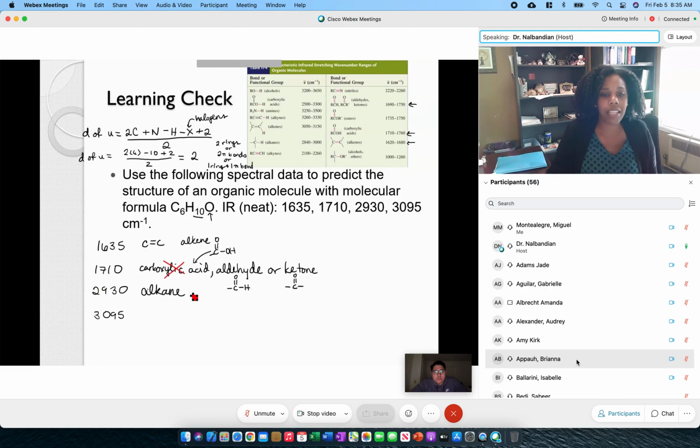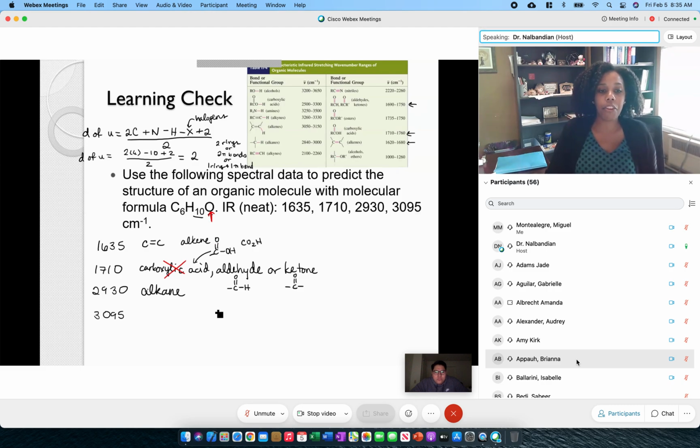It's not a carboxylic acid. How do I know it's not a carboxylic acid? Because I only have one oxygen, right? Looking at the molecular formula, I only have one oxygen, so I know it can't be something that has CO2H. That's a carboxylic acid. I know I can't have two oxygens. I have to only have one, so it can only be an aldehyde or a ketone.